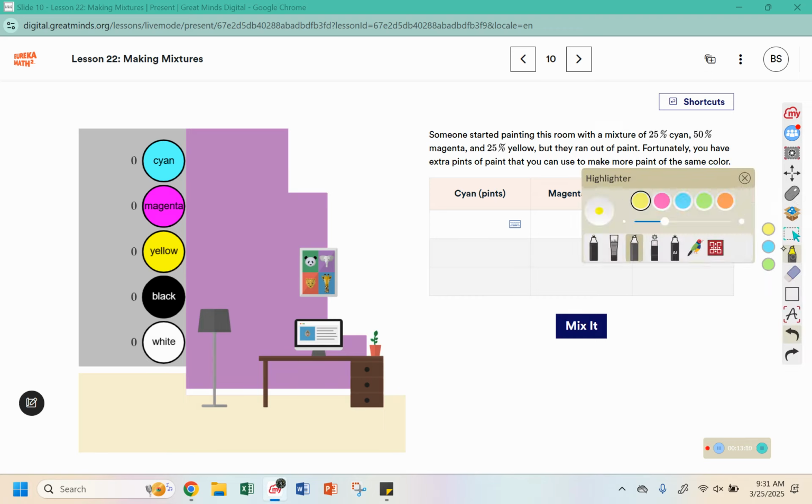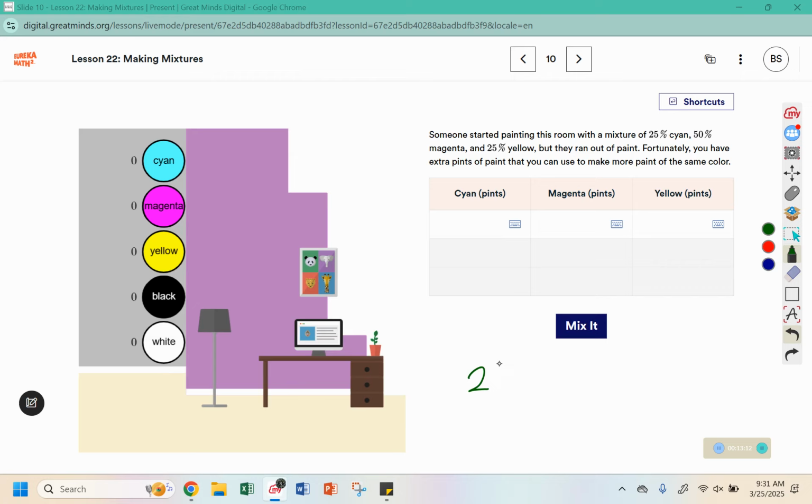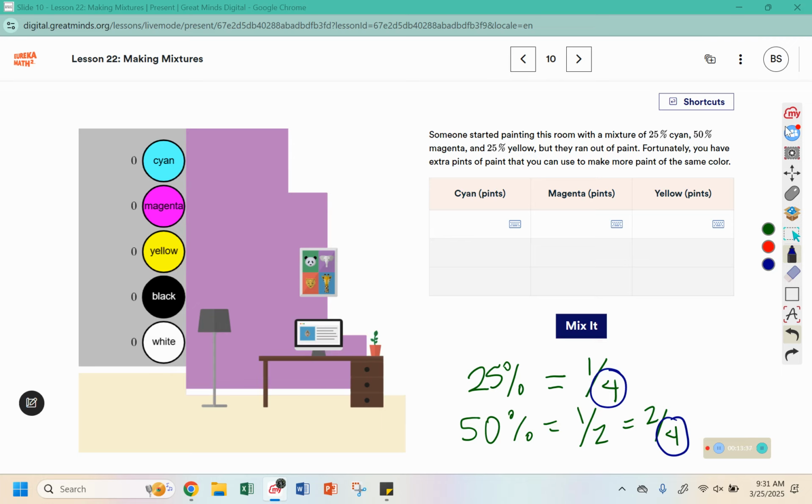Well, 25% can be thought of as 1/4 of the mixture, and 50% can be thought of as 1/2 or 2/4. So if I used 4 pints, I would need 1 pint of cyan, 2 pints of magenta, and 1 pint of yellow.